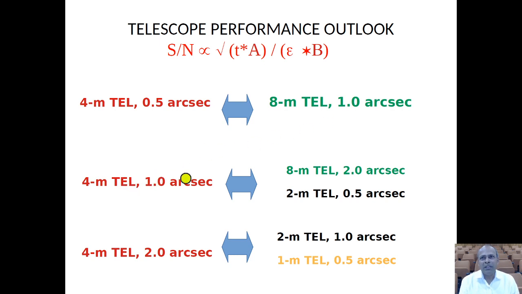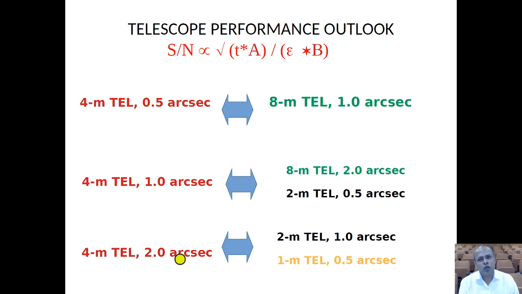Now again, this 4-meter optical telescope with 1 arc second is compared. This is as good as an 8-meter optical telescope with 2 arc second images, and a 2-meter telescope with half arc second images. So this is the third case I have taken.